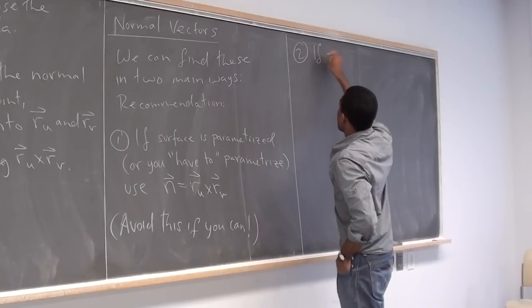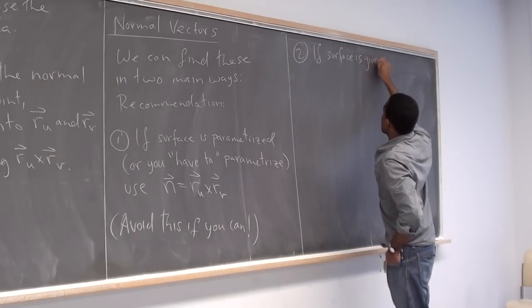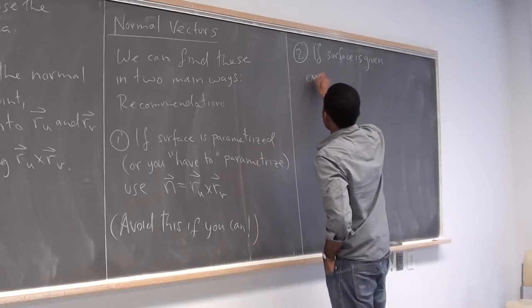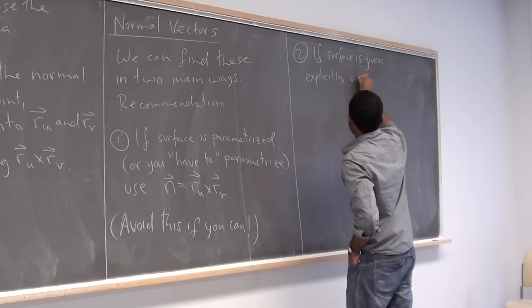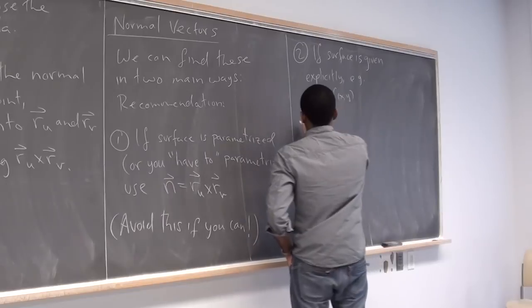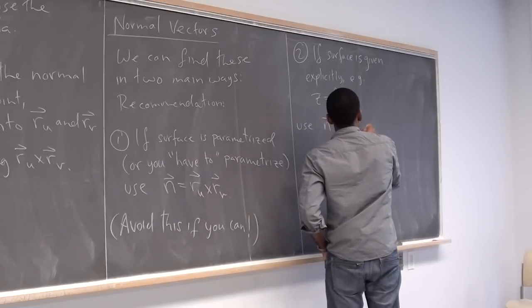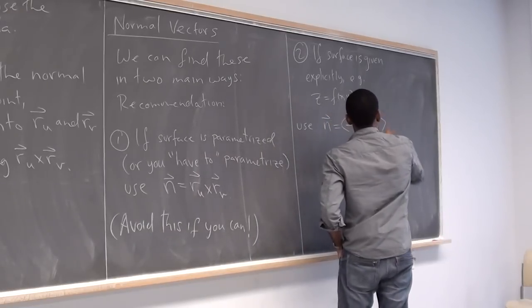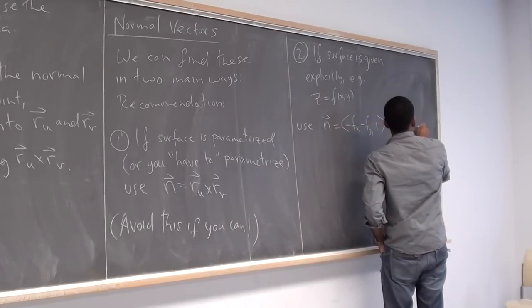Case 2: if the surface is given explicitly, for example z equals f of x, y, use the normal vector equals minus fx, minus fy, positive 1. This of course gives you the upward form.